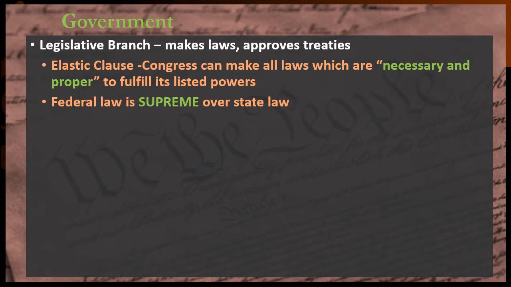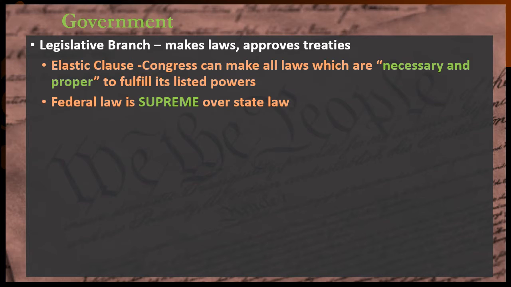When Congress is considering a law, it can make laws that are considered necessary and proper to carry out its already existing powers. So just because something is not written in the Constitution doesn't mean Congress can't do it.